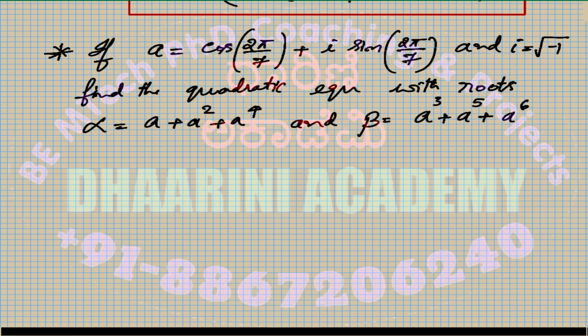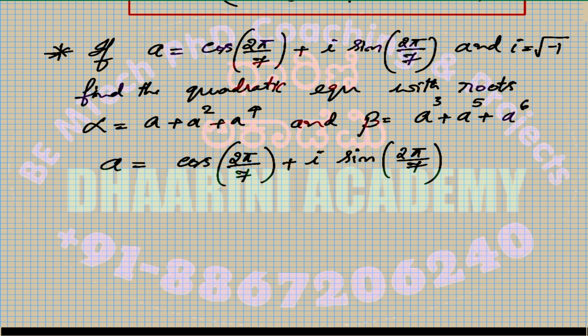Now a is given, so let's start from a. a is equal to cos of 2 pi by 7 plus i times sine of 2 pi by 7.